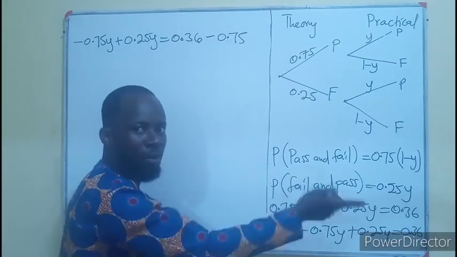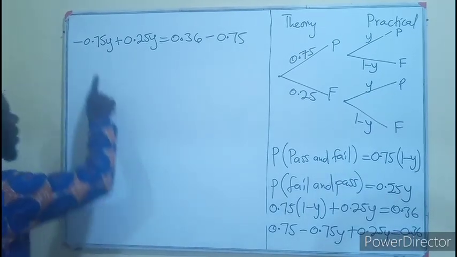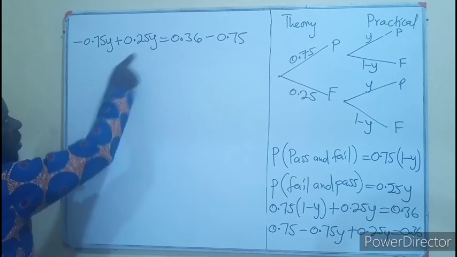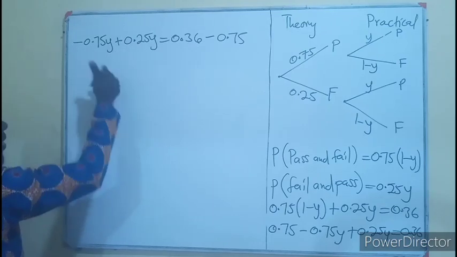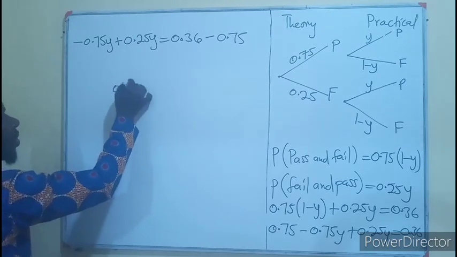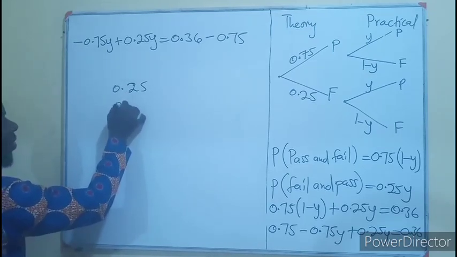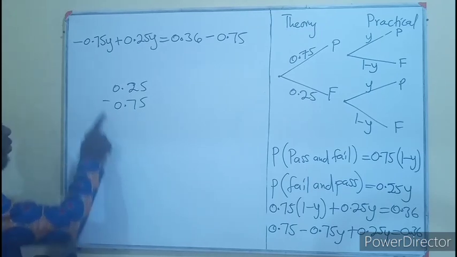Subtracting 0.75 from both sides, it will move here and go to the right. This is also having minus and plus, variable. So we are going to subtract: 0.25, then we minus 0.75.